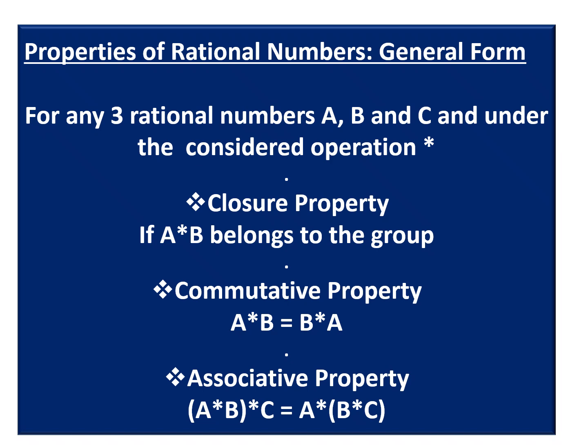Maybe it is A by B. It can be a fraction, negative or positive, depending on the situation. And under the considered operation star, because we have four basic operations, generally we write star, though it is used for multiplication. Let us use the star for the general form.